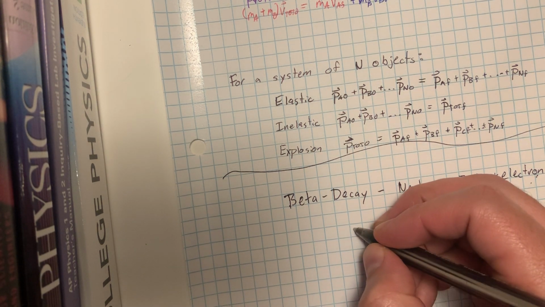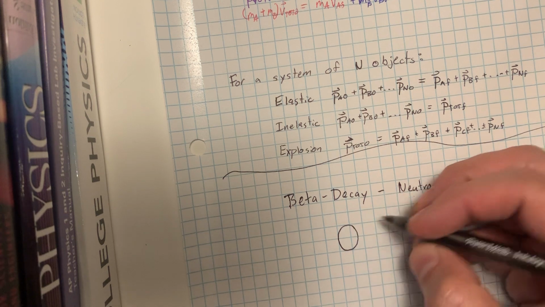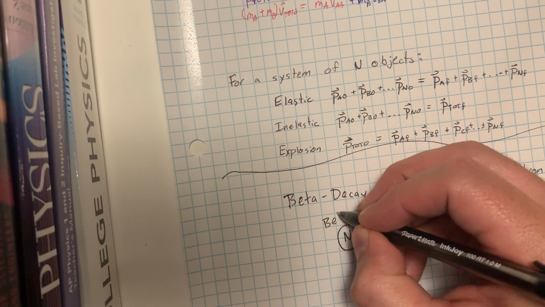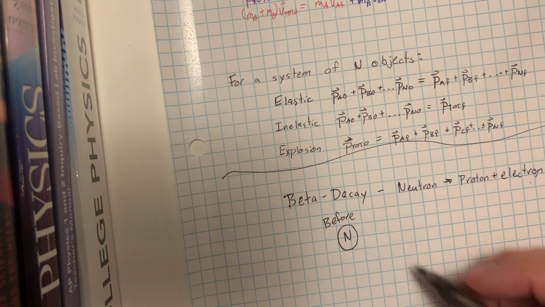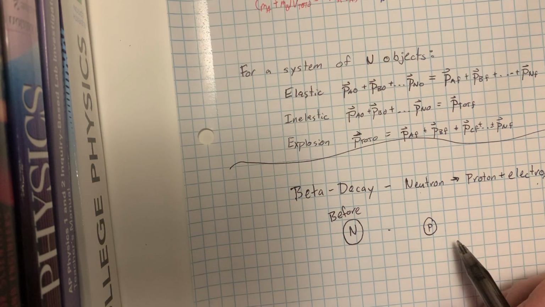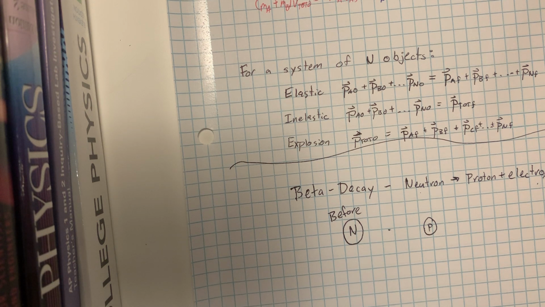But here was the thing. They knew that before they had a neutron, and afterwards they had a proton. Now, the mass of a proton is something like 1,831 times the mass of an electron.